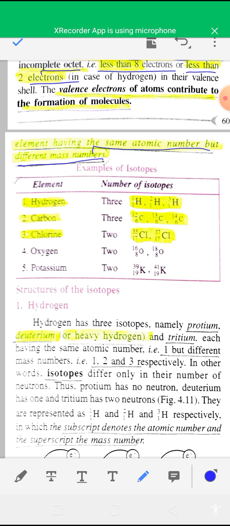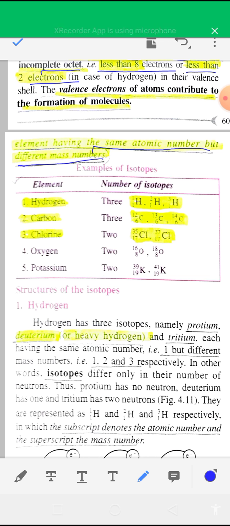If two or more atoms have the same number of protons in the nucleus but different mass number, then these are known as isotopes. Isotopes have the same number of protons but different mass number due to different number of neutrons.